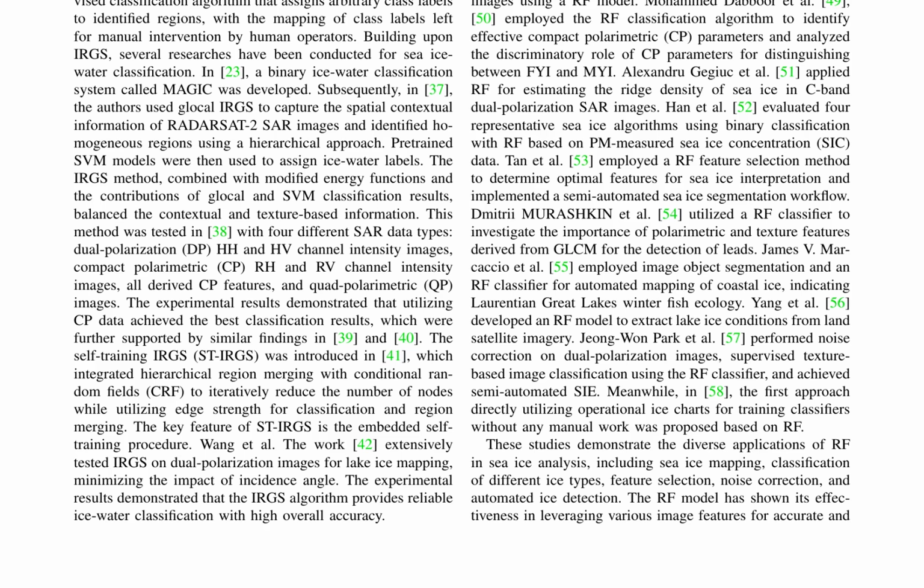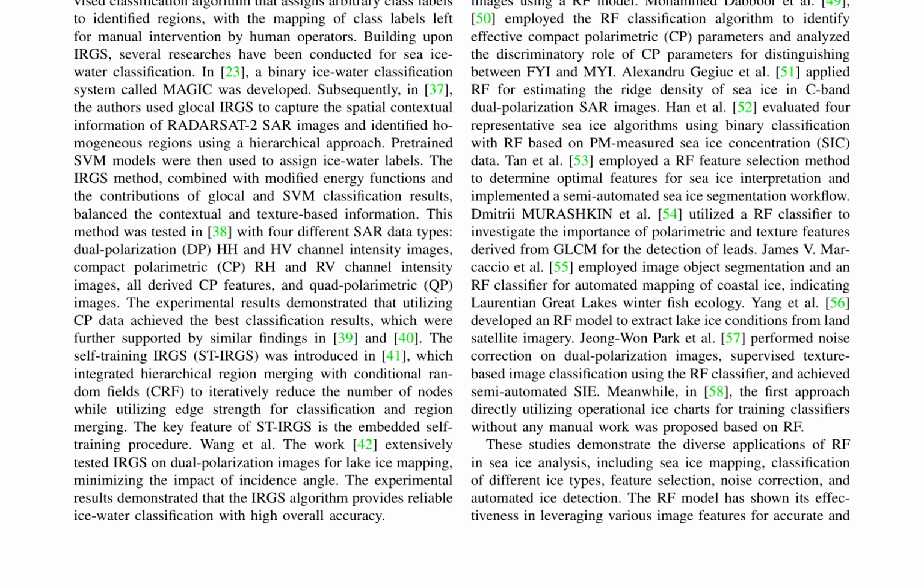Another approach is random forest, RF, which has been utilized in various studies for sea ice mapping, classification of different ice types, feature selection, noise correction, and automated ice detection. RF has demonstrated effectiveness in leveraging various image features, including texture features from backscatter intensity and GLCM, for accurate and robust sea ice analysis.